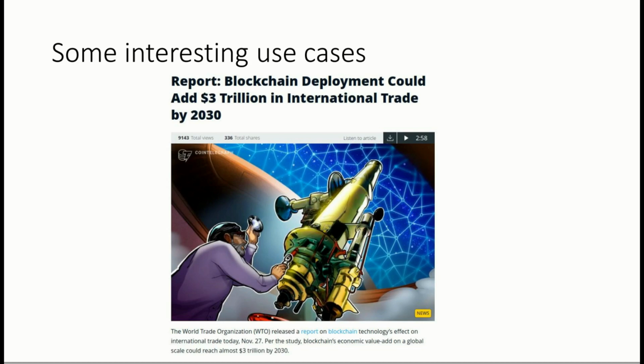This came out late 2019, and this was an estimate that they did, which said that over the next 10 years or so, by the year 2030, blockchain has the potential to create an additional $3 trillion in international trade and commerce.